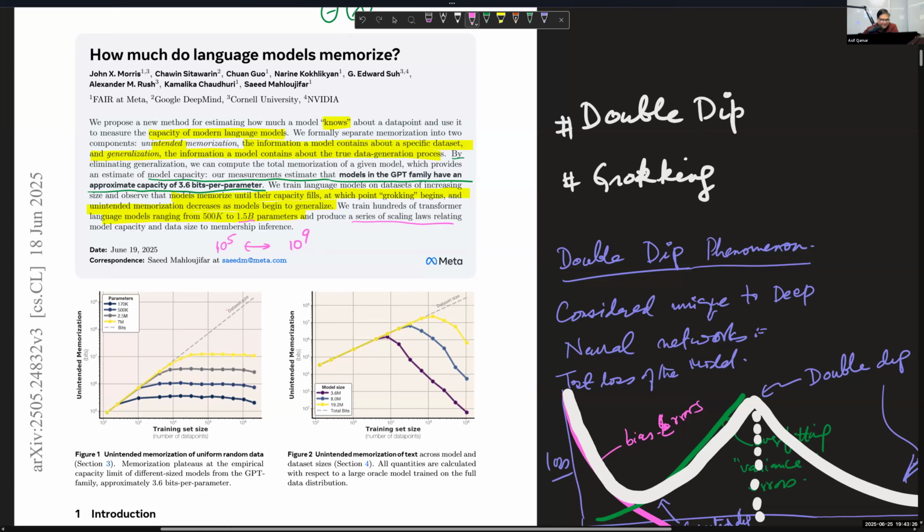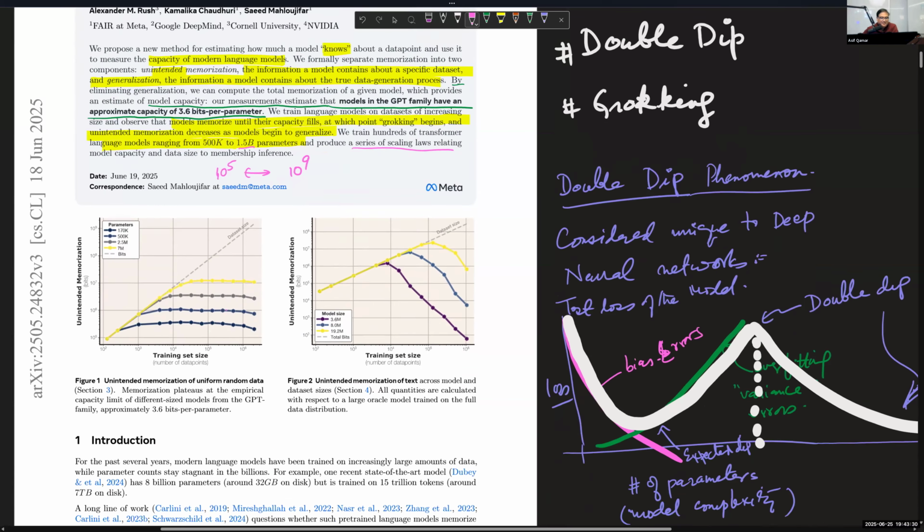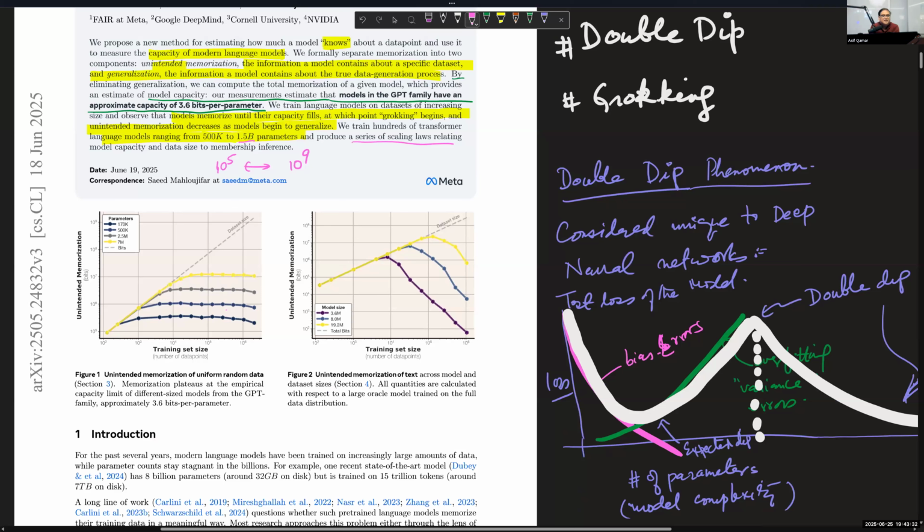So let's see. This is best illustrated even before they get into the introduction. Right below the abstract is a thing. And then they say, the data size and membership inference. So this word, membership inference, what is membership inference? Suppose I give a model a piece of data x_i, and I ask it only one question.